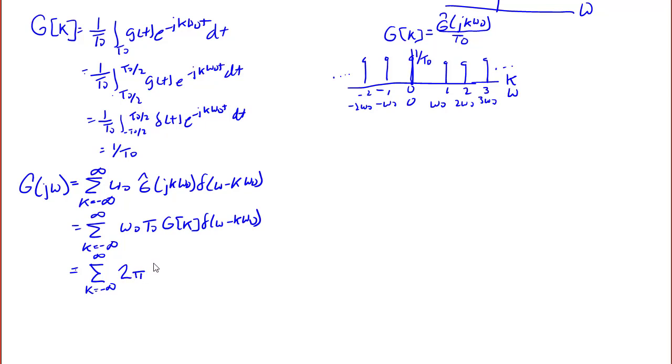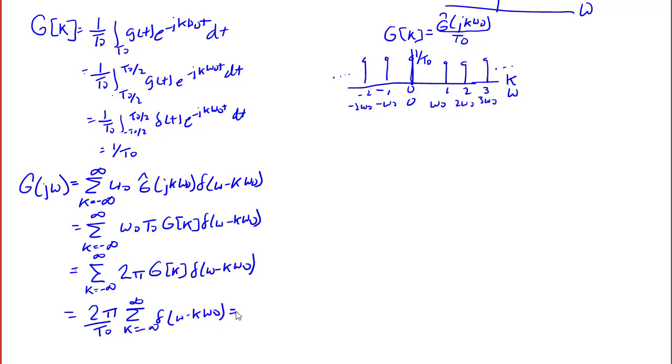So it's 2 pi g of k, delta of omega minus k omega naught, which equals 2 pi over t naught, because g of k is 1 over t naught, the summation from k is equal to negative infinity to infinity, delta of omega minus k omega naught.